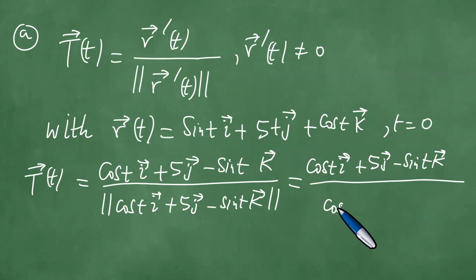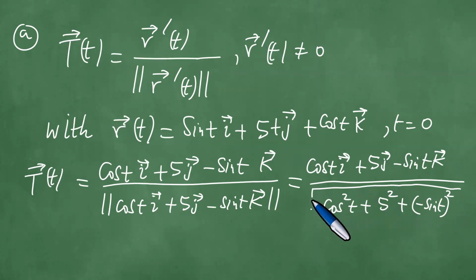And in the denominator, then we have cosine squared t plus 5 squared plus the minus sine squared. And what do we do here? We put the square root like this. And now with that said, what do we obtain from these here?